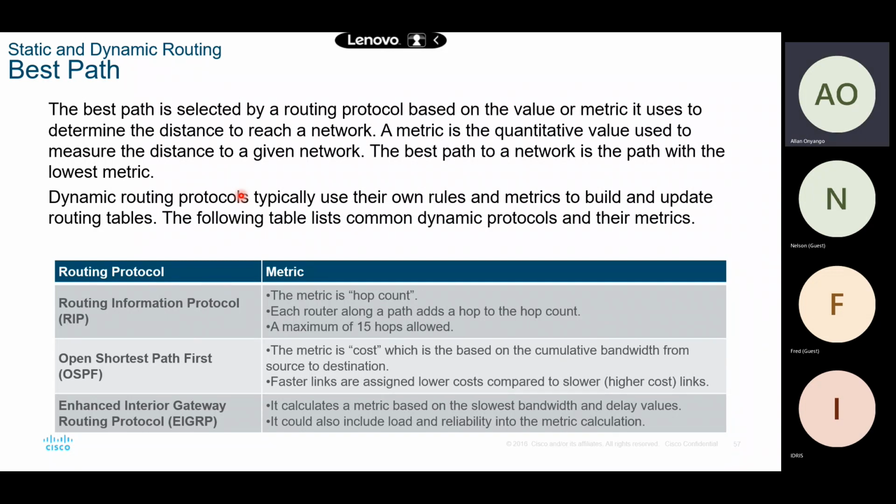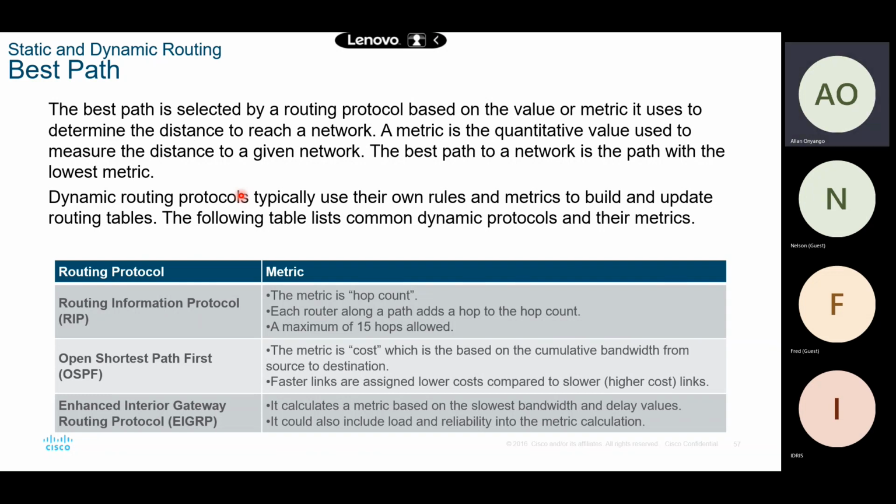Then when you go to OSPF, it uses a metric called cost, which is based on accumulated bandwidth from the source to the destination, such that the faster links have lower cost, and the slower links, of course, have a higher cost. The routers prefer the lowest cost normally, and the lowest cost has the highest bandwidth.